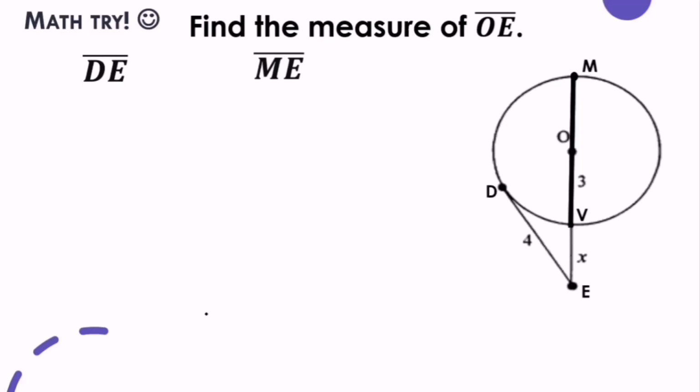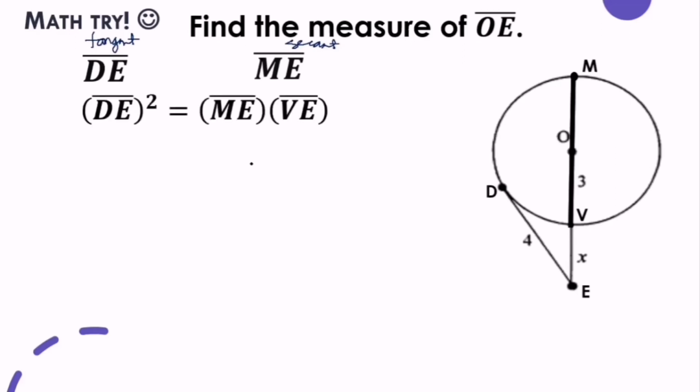Pakitandaan nga po ulit, si segment DE, siya ang ating tangent line at ito naman ang ating secant line. Then, ano daw gagawin kapag tangent? Kailangan isi-square lang natin. So, pagka-tangent, we're going to square.